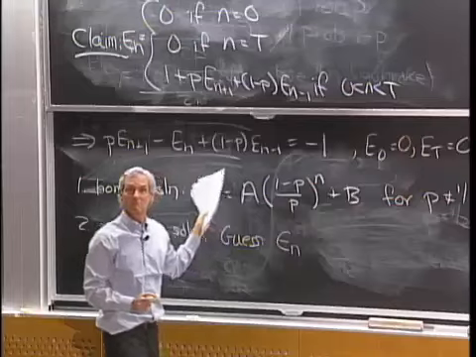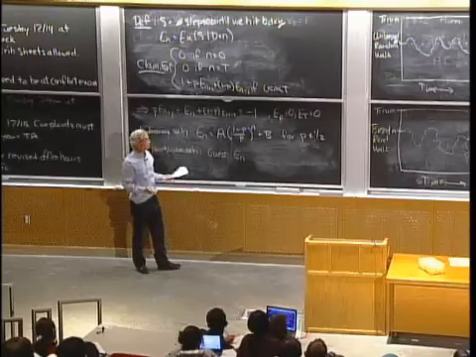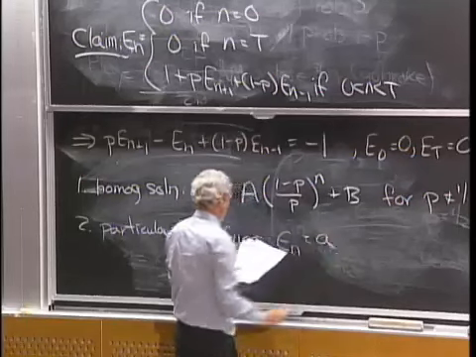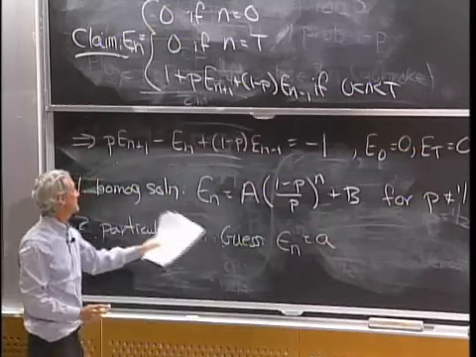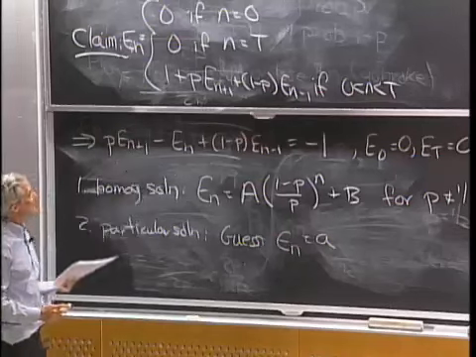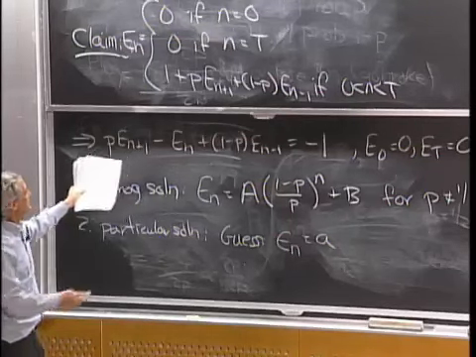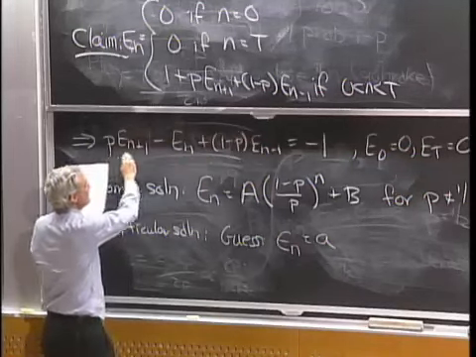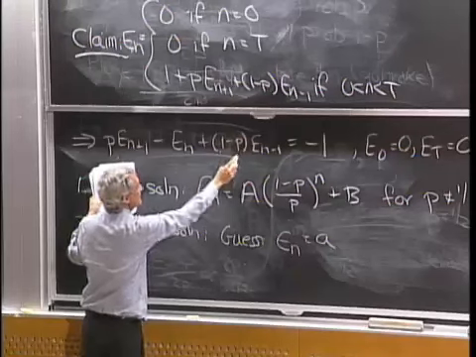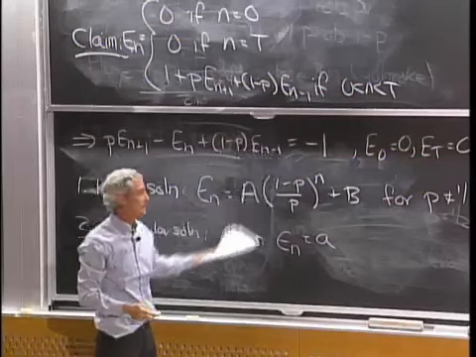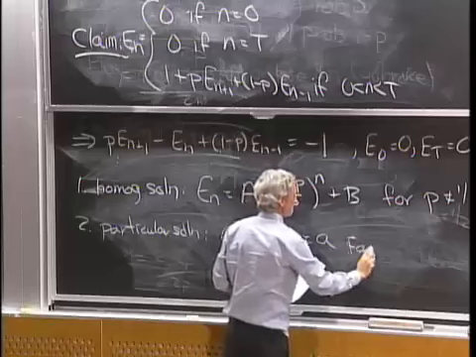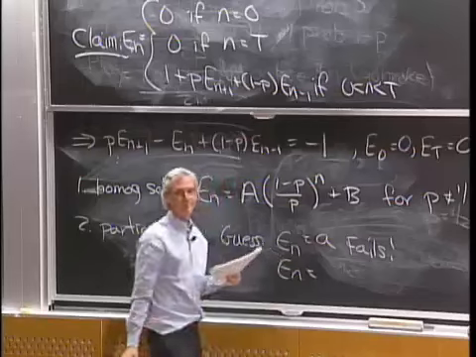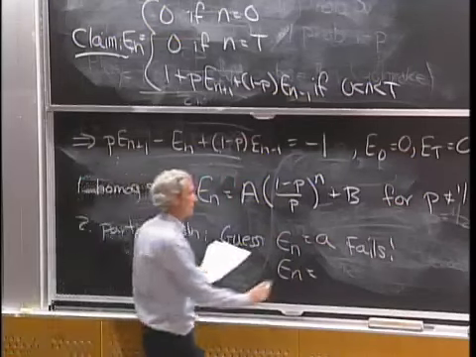So what do I guess? Constant. Yeah. Something just, that's a scalar, I'll just guess a constant. And if I plug a constant A into here, it's going to fail. Because I'll just pull the A out. I'll get p minus 1 plus 1 minus p is 0, and 0 doesn't equal minus 1. So it fails. So I guess again. What do I guess next time? An plus b.